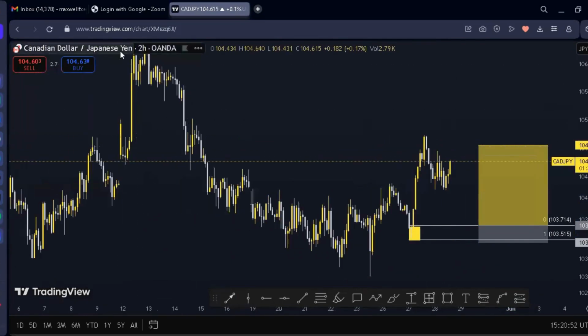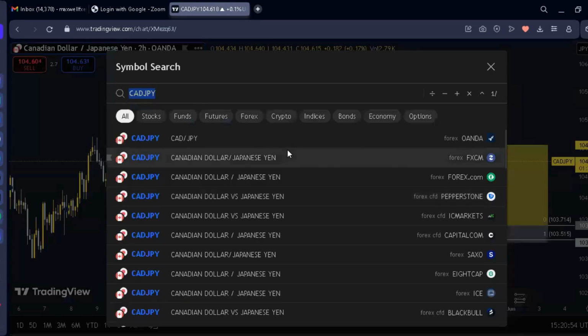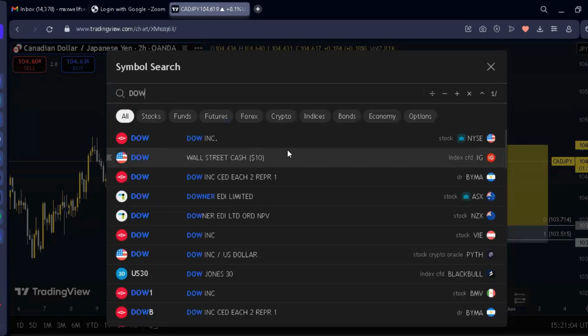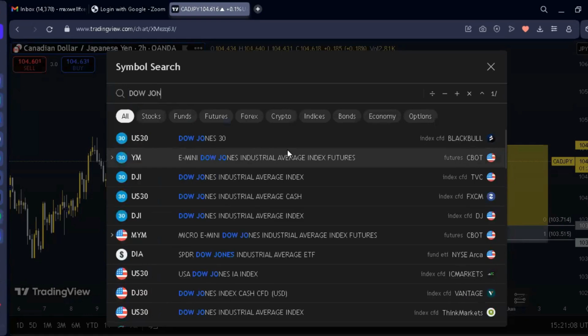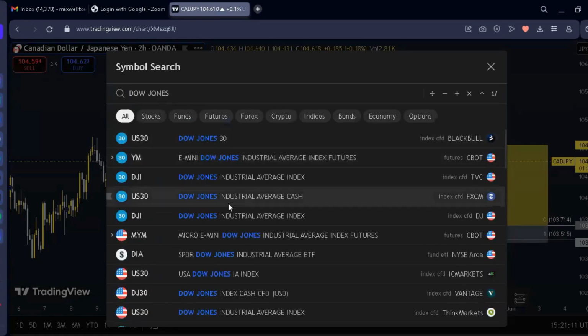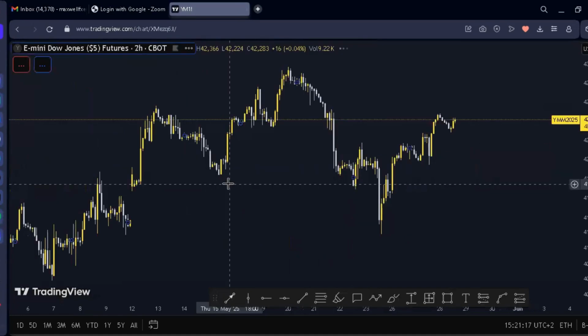What else can we look at? I think let's look at the equities markets. Let's look at the Dow Jones. Hopefully I can get the E-mini futures. Let's see.